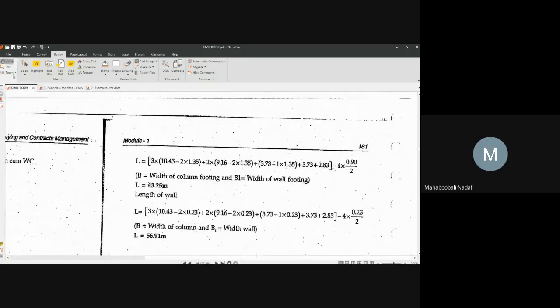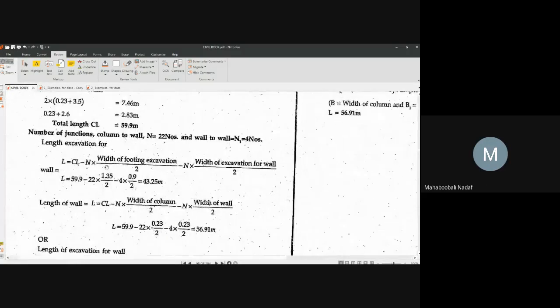So like that you are calculating. Wherever an item is there, you have to write it like this. Here for excavation they have already calculated: 59.9 is the original length minus the number of column junctions. What is this B? 1.35.